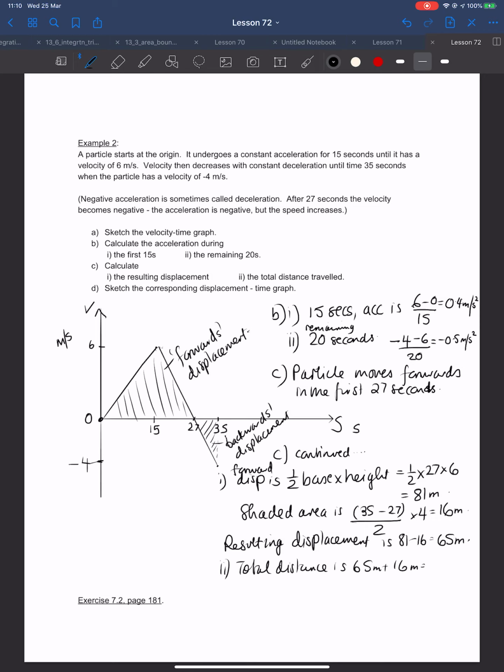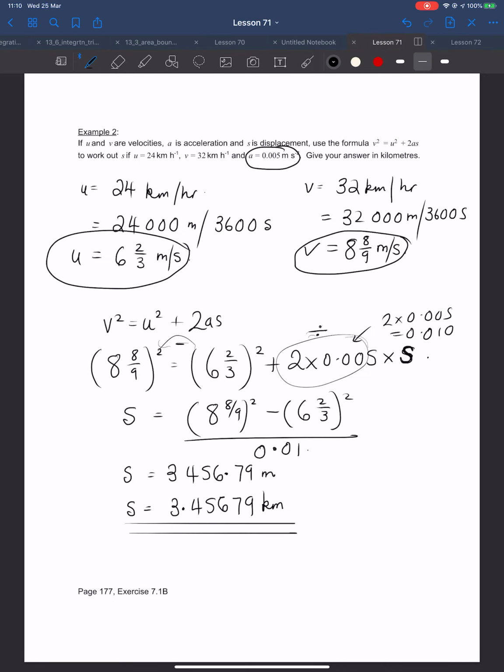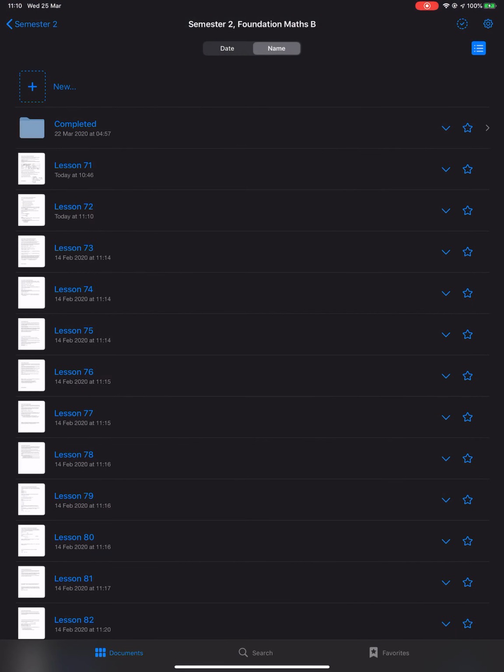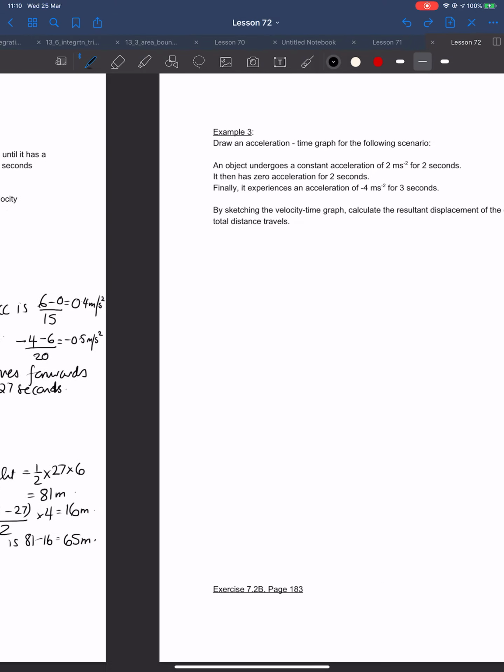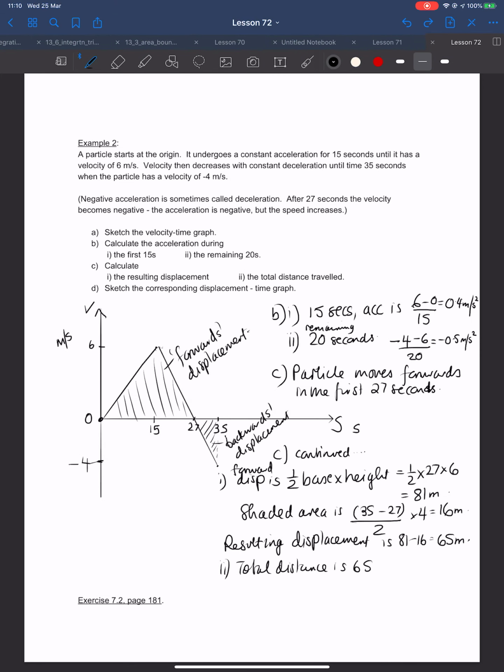No, it's not. Here we are, sorry about that. It starts off, it goes 81 metres forwards plus 16 metres backwards. So it's 97 metres in total.